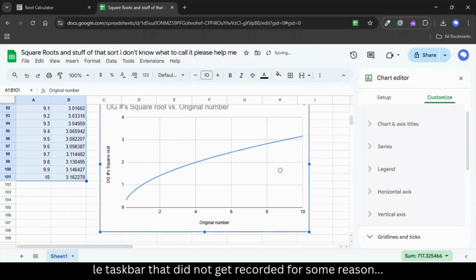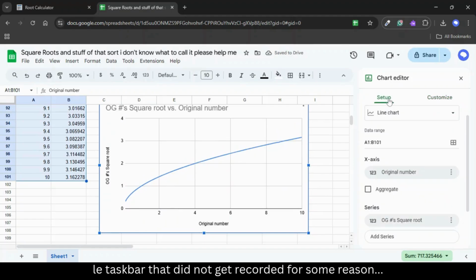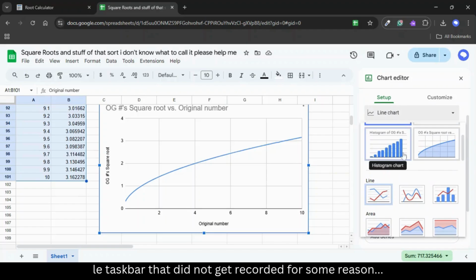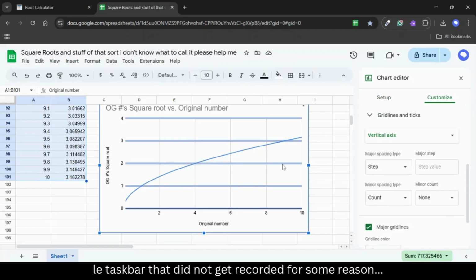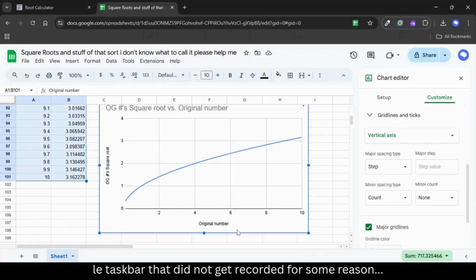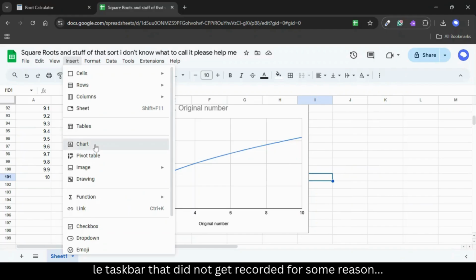Yeah, so that's the pattern setup. Oh, we can change the setup here. Bar graph, that'd also be helpful. Okay, whatever. So we've got that. Can you make another chart?